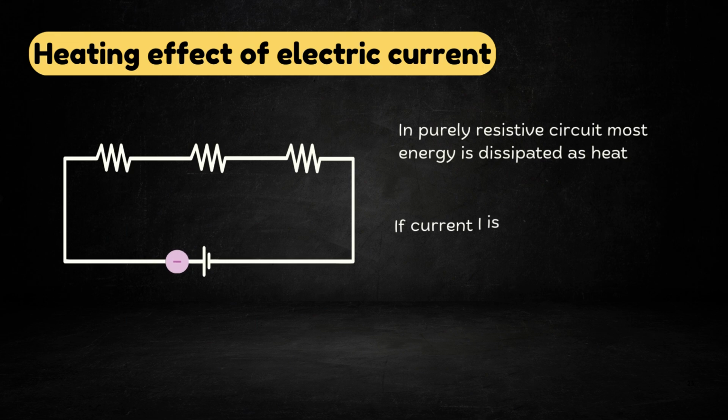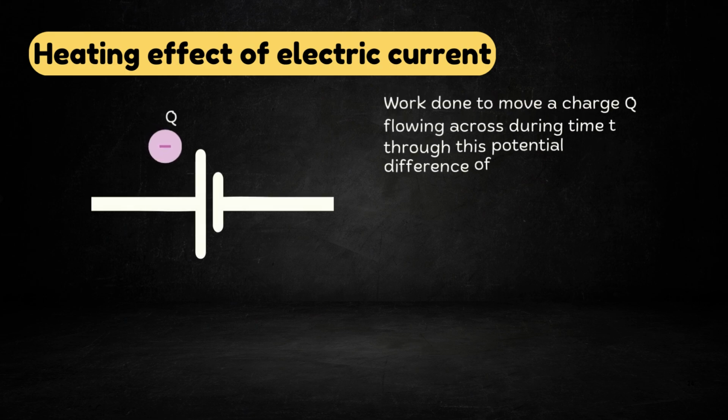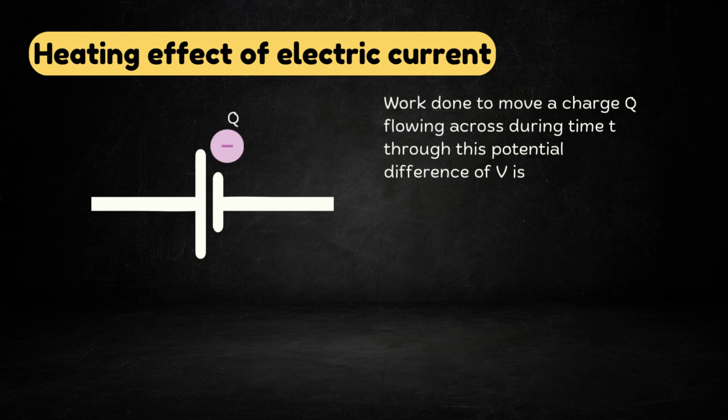If a current I is flowing through a resistor with a net potential difference of capital V, consider the work done to move the charge Q flowing across during this time t through this potential difference of V. So when an electron moves across from positive to negative, the work done to move this charge during time t is given by work done equals V into Q. So the power required would be work done divided by time, which is VQ by t.